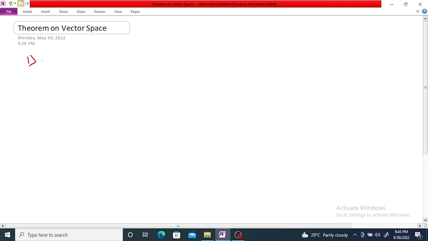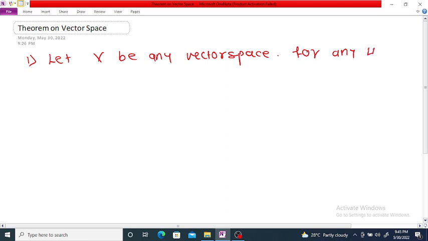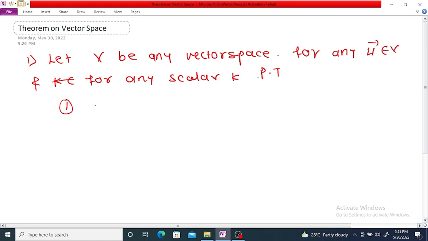Theorems on vector space. First theorem: let V be any vector space, and for any vector u bar belongs to V, and for any scalar k, prove that, number 1, 0 into u bar is equal to 0 bar.